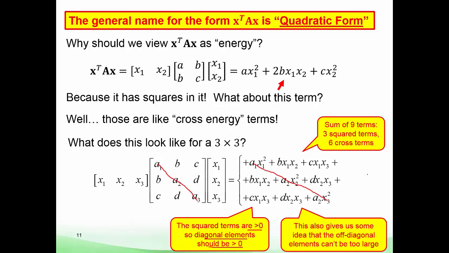And we also get some idea that, remember when x1 and x2 take on values of different sign, this term here can go negative, right? And so B can't be too large. Same thing that we were seeing before. So this equation, even though it's a little harder to say exactly the values that B, C, and D can take and still be positive definite, for positive definite, these off-diagonal values can't get too big. So if you make them too big, no longer positive definite.